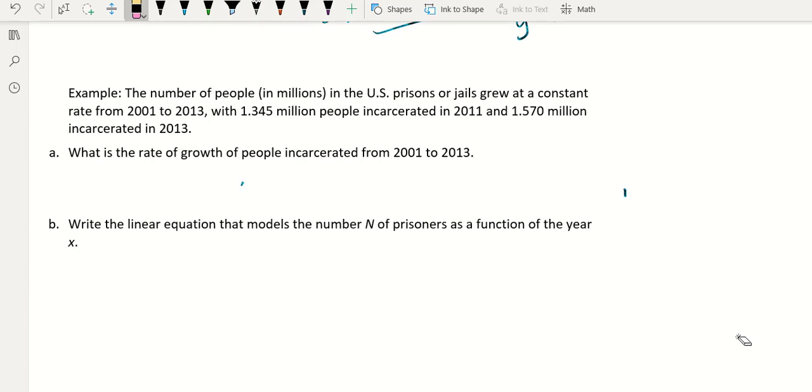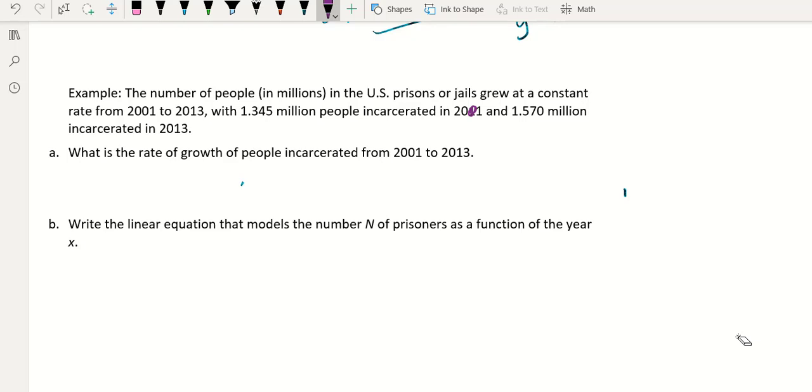All right, so the last application or example that we have here for today. The number of people in millions in the U.S. prisons or jails grew at a constant rate from 2001 to 2013, with 1.345 million people incarcerated in 2001 and 1.570 million incarcerated in 2013.